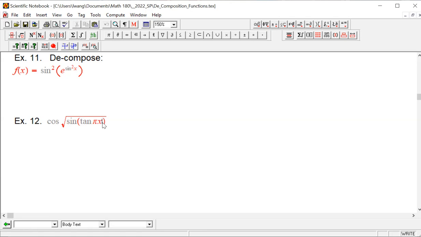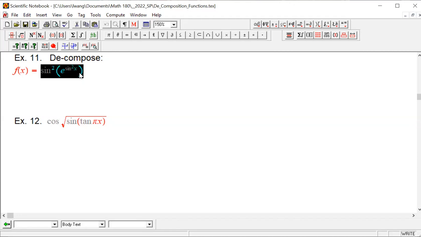Let's see how we peel it layer by layer. Whoa, what's going on here, right? Well, we do it from outside in.